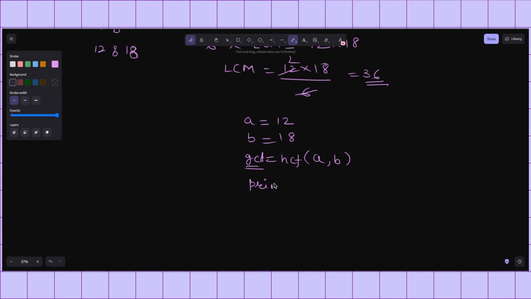You can directly print the LCM using A multiplied by B, you can have the brackets here, divided by the GCD. So this is how you get the LCM. This was a lot, but I hope you understood the concepts. So thanks for watching. Let's try to incorporate this into actual code.